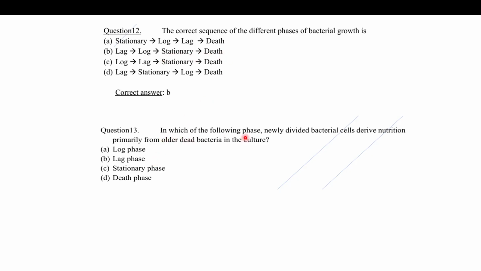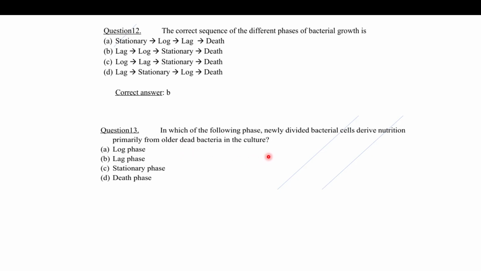Now, in which of the following phases do newly divided bacterial cells derive nutrition primarily from the older dead bacteria in the culture? In lag phase, there are no dead bacteria as such, because the cells haven't divided yet and are preparing for division. In log phase, cells are actively dividing. In stationary phase, the number of dividing cells and dying cells are equal, so nutrients start getting limited.